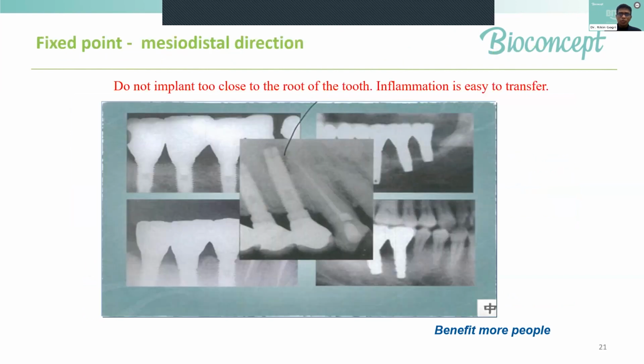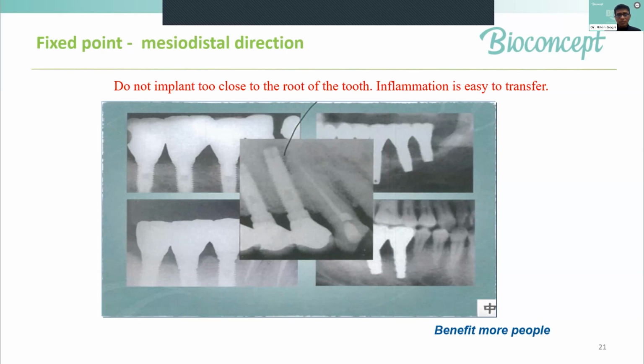So you should not implant too close to the root surface, and that is where exactly the parallel pins help. After your initial guide for the lance drill or the twist drill, you are supposed to take a parallel pin radiograph to understand what angulation your osteotomy is going to proceed in, and if required you can do some course correction with the subsequent drill, either the twist drill or the final drills.